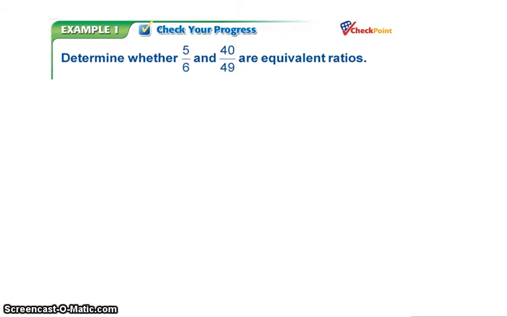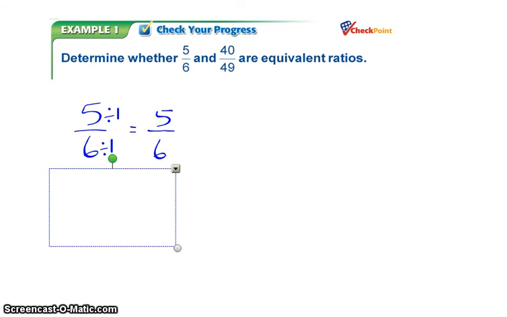Why don't you take a look at, check your progress. We want to determine whether 5/6 and 40/49 are equivalent ratios. I want to see what you are simplifying each ratio by. So go ahead and pause the video and try this one. If you tried to simplify 5/6, you would have found that it is already in lowest terms.